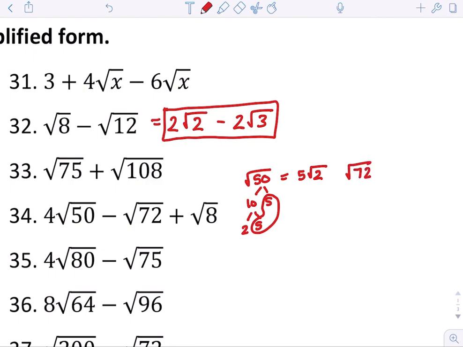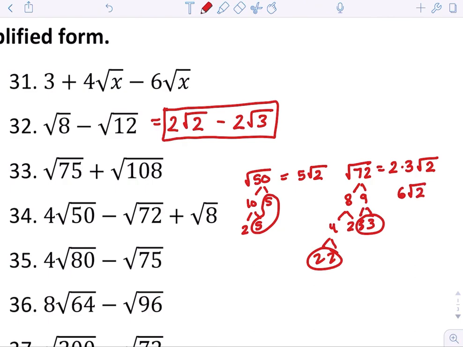Radical 72, we get 8 and 9, 3, 3, 4, 2, 2, 2. So we got a pair of 2's, and this side we got a pair of 3's. So the 2 comes out, and the 3 comes out, and the leftover is 2. So this, you guys, is going to be 6 radical 2. That's going to be the simplification of radical 72.